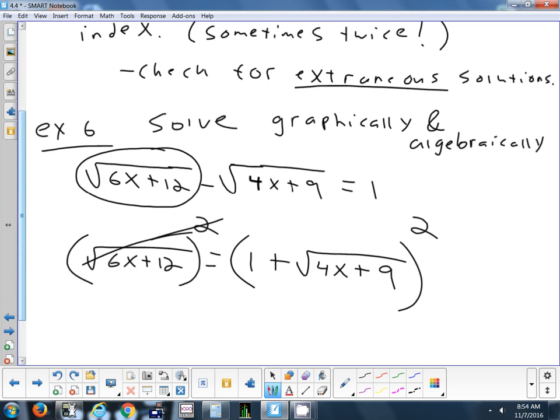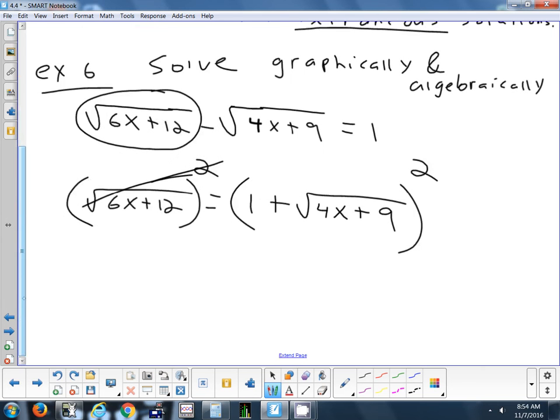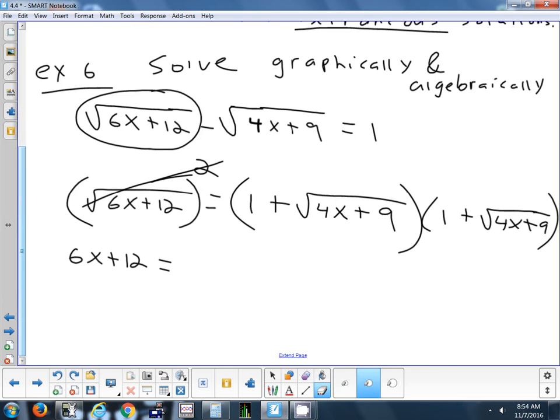Okay, this side's easy. We just get 6x plus 12. And now on the right side, if you want me to write it out the long way, you're doing 1 plus square root 4x plus 9, squared. Okay, so we'll do it out. What's 1 times 1? 1.